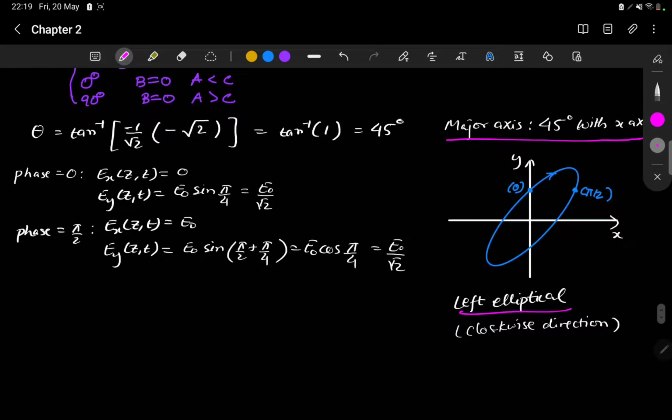Now we need to see the ratio of the major to the minor axis. That will completely specify the ellipse that we have.